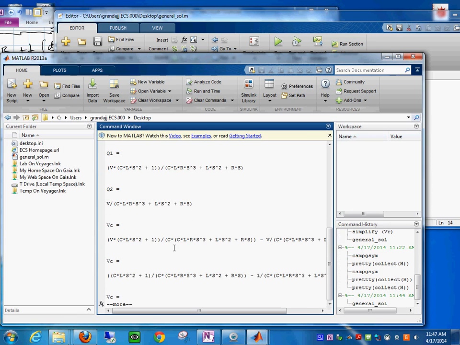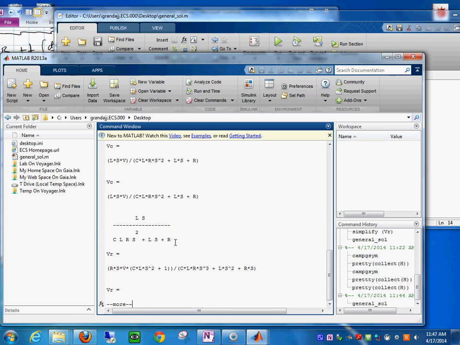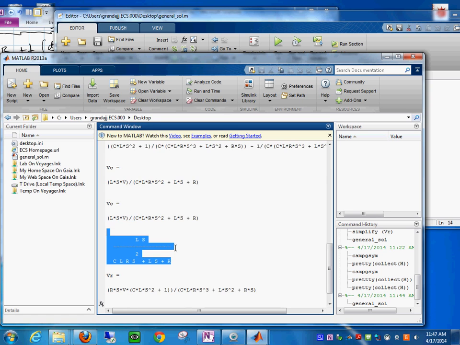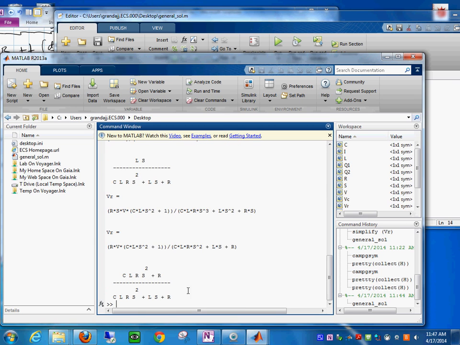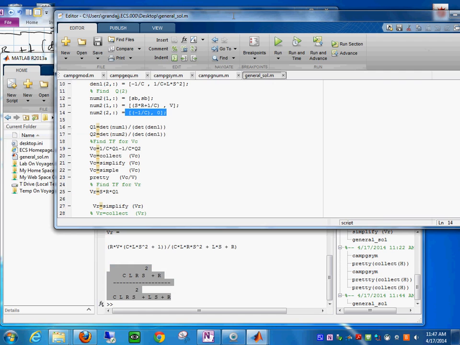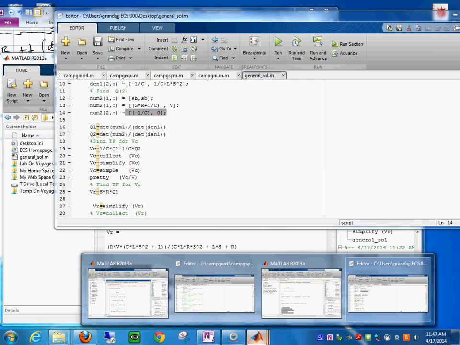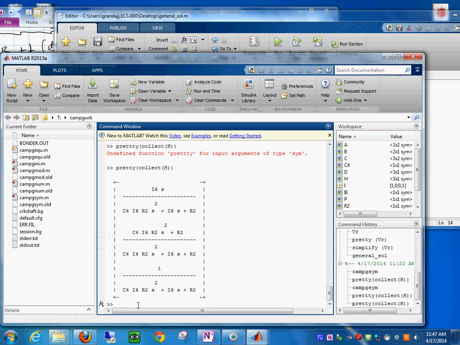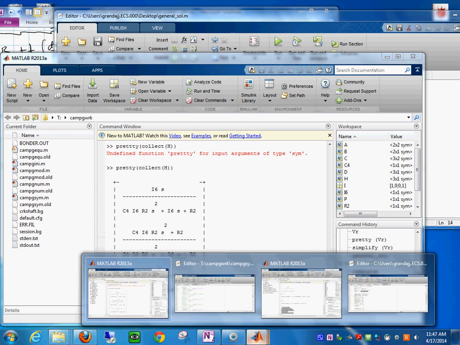Right here you have the transfer function that we have found for the first one, and you're going to have the transfer function that we have found for the second one. So I believe that what we need to do here is to compare the one from the bond graph model with this other one.